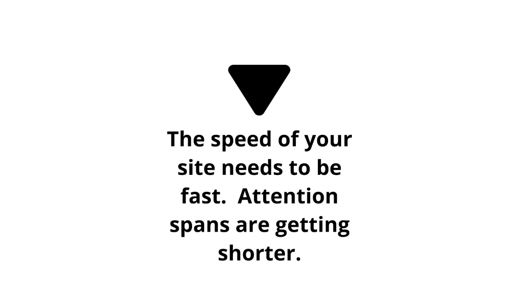A lot of times people overlook this factor and go straight to the engagement plugins or straight to the content, and they don't know why people leave. The root cause is that the speed of your site needs to be fast. That's kind of a no-brainer. Attention spans are getting shorter and shorter, and that is why you need to look at that first.